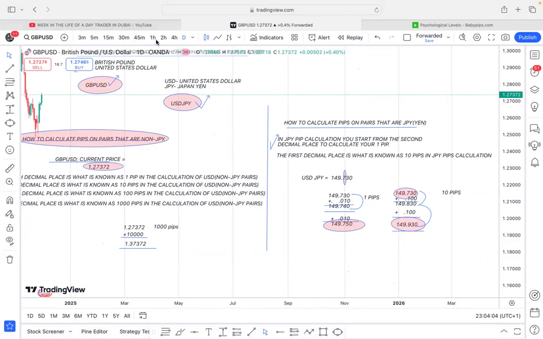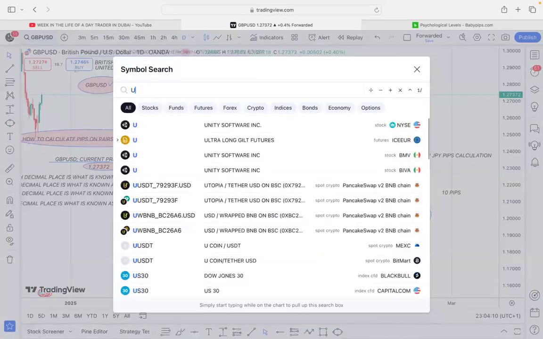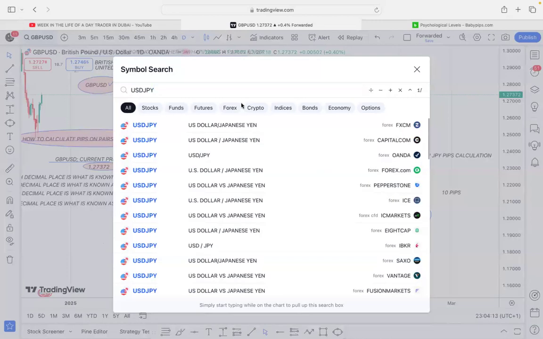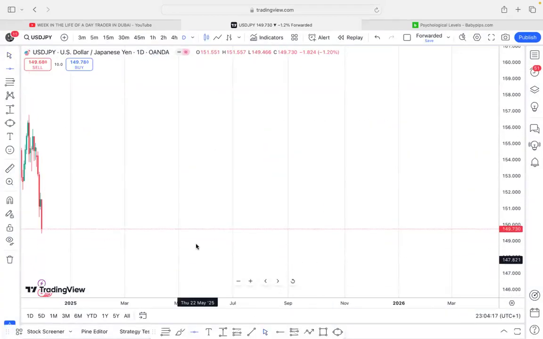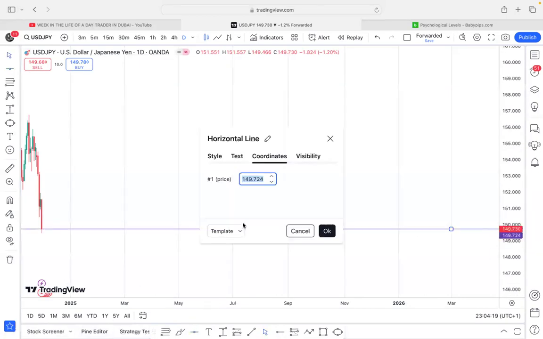So if we go to USDJPY, we're going to figure out a way to plot our psychological level. We go there, our current price being where this red zone stops. You can see it, 149.730.